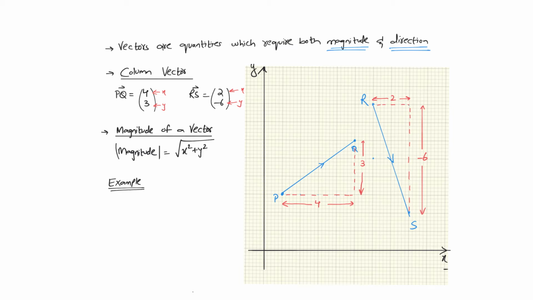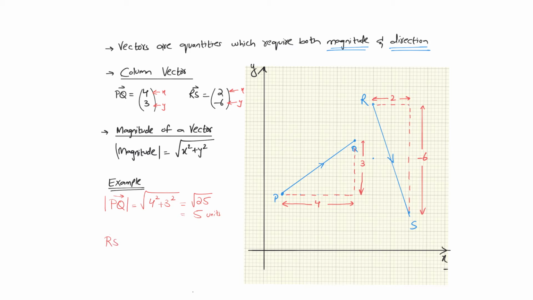So if I ask you to find the magnitude of PQ, the magnitude is going to be written like this, and it is going to be the square of the x component, which is 4, plus the square of the y component, and square root. So 4 squared is 16 plus 9, and if you take the square root of the sum, that is 25, you get 5 units. So the length of PQ vector is going to be 5 units.